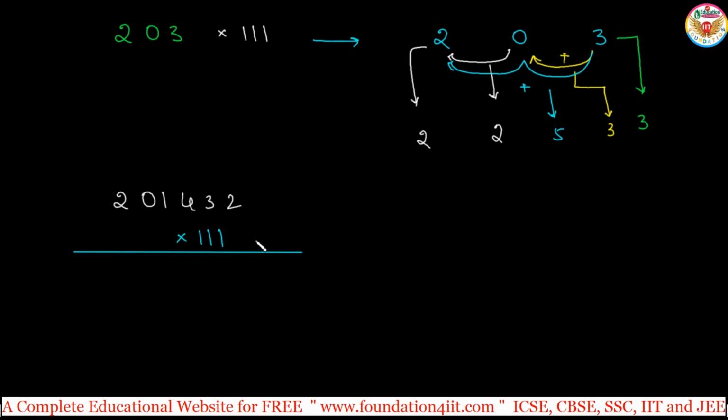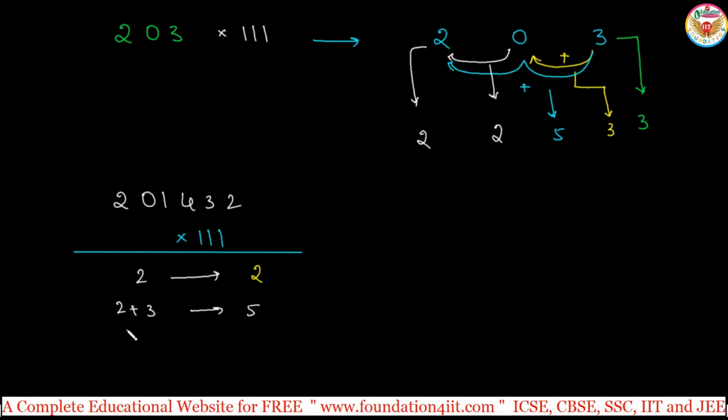First step, write 2 as it is, the units digit of the multiplicand as the units digit of the answer. Next, 2 plus 3 is 5.